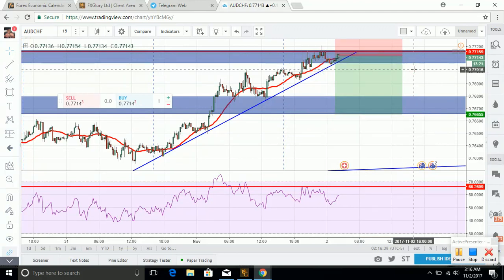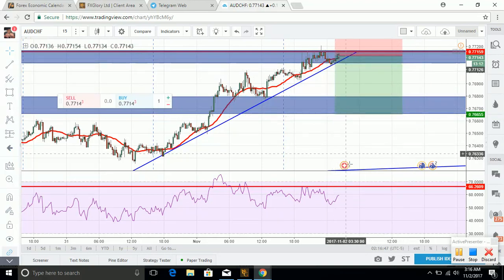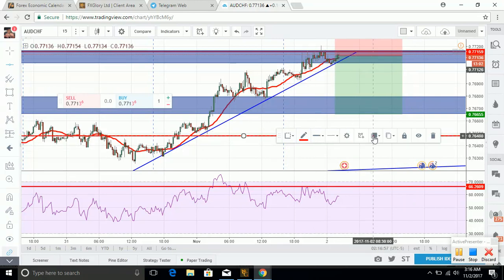So, with that being said, we could even potentially see target 2 being down in this area. I say it'll be about right here.